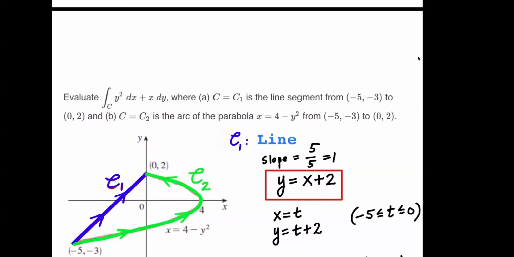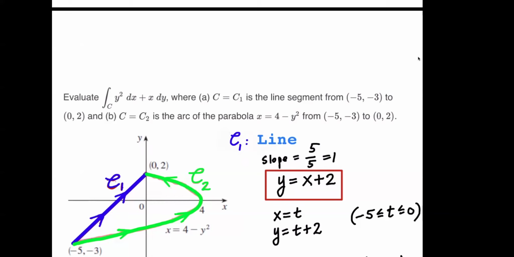So to do either integral, the thing is you just need to get a parameterization. So for the first curve, C1, which is a straight line, looking at the slope, we see the slope is 1. Describing the curve using slope-intercept form, we see that this curve follows the line y equals x plus 2.